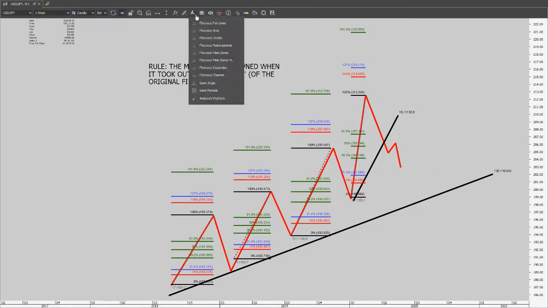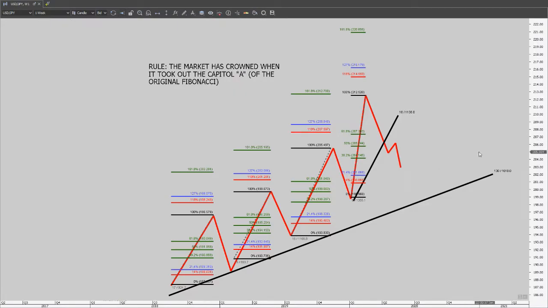So even though you have this up inner trend line break, and the market made 4, 5, 6, whatever, 20 lower lows, 20 lower highs, did the market crown in here? Did the market crown in here? Rule: the market has crowned when it took out the capital A of the original Fibonacci.